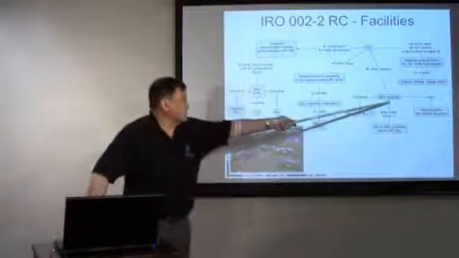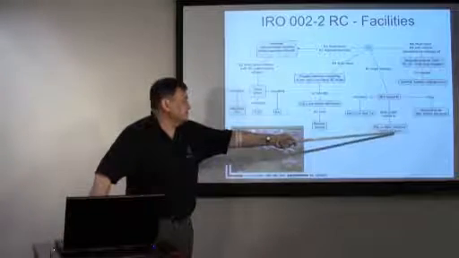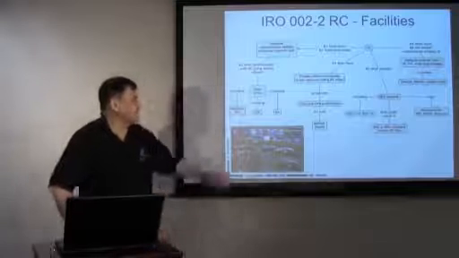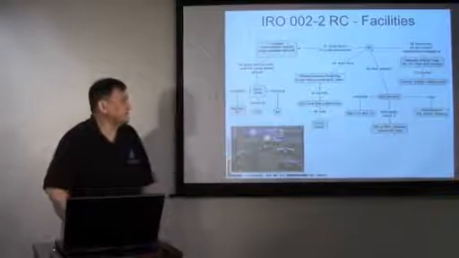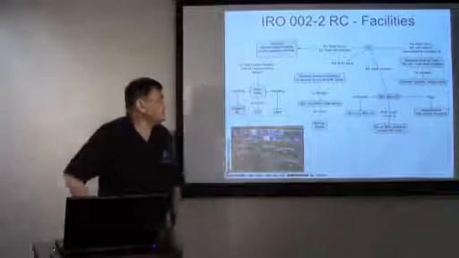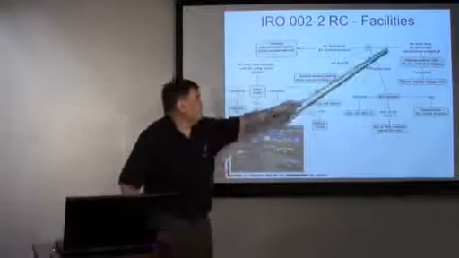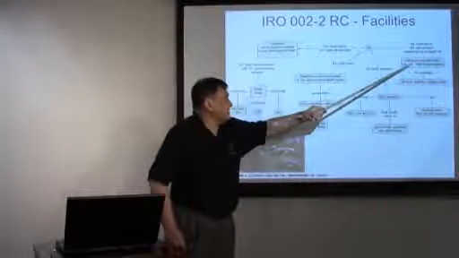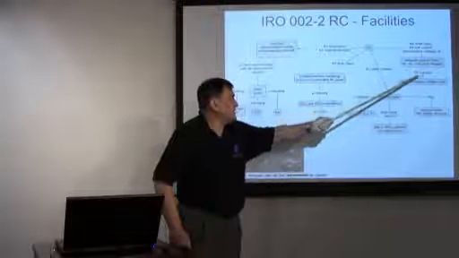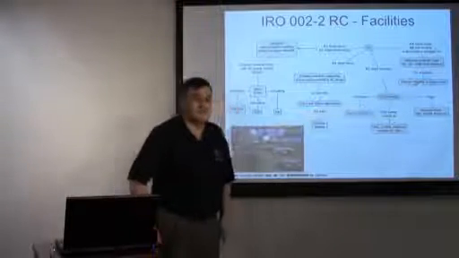They will monitor all their bulk electric system elements that could result in SOL and IROL violations, including generators, lines, buses, transformers. They'll ensure that those elements have measurements. And then they will have analysis tools, state estimation, contingency analysis, wide area displays to monitor the thermal, stability, and voltage limits.